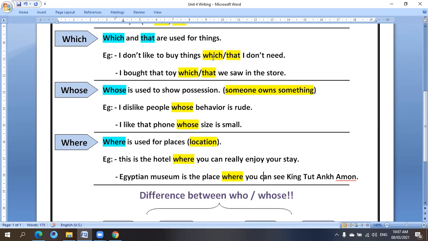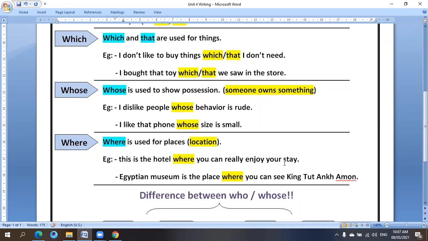We said that which comes with things, not people. Hotel here, it's a place, not a person, it's a thing. So I have permission to use which, but you have to use a preposition. This is the hotel in which you can really enjoy your stay.